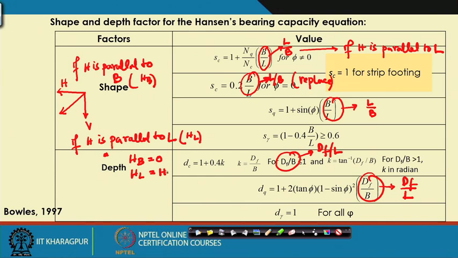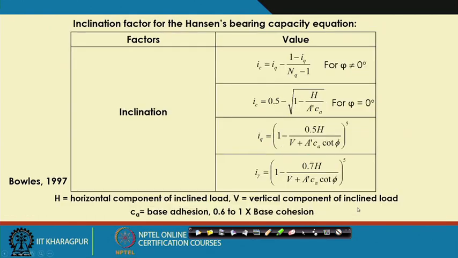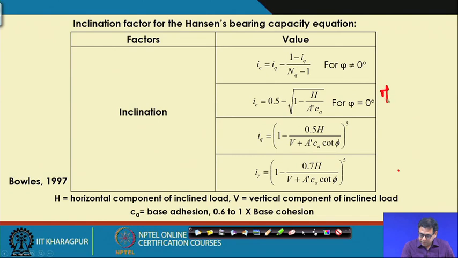For the inclination factors also, it is the same: if H is equal to H L, you replace it by H L, H L, H L. Now if H is equal to H B, then you replace it by H B, H B and H B. So, clear these things.